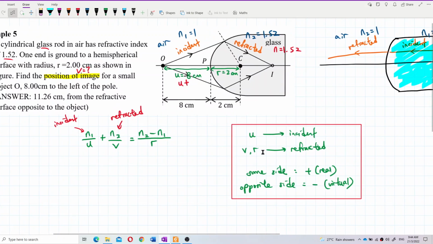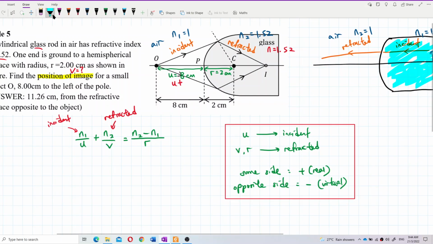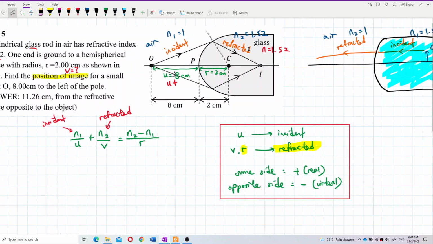Radius compares with who? Radius compares with the refracted ray. Is the radius on the same side as the refracted ray? Okay, so look at this surface. The radius is over here.